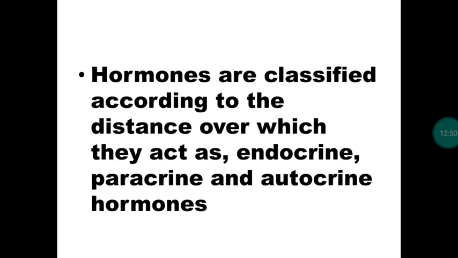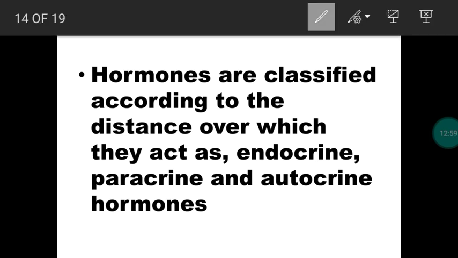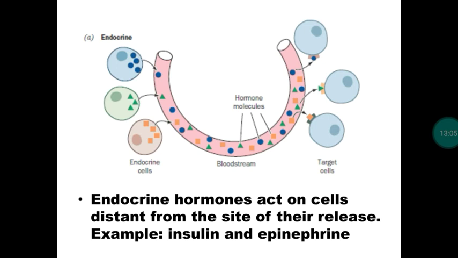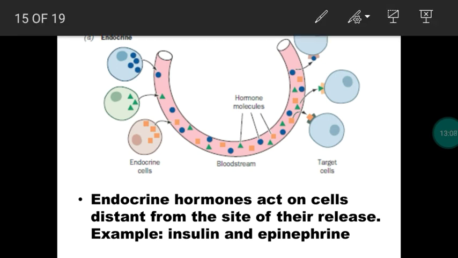One more classification is based on the distance between the hormone and the target cell. Okay. So based on the distance, there are 3 types of hormones: endocrine, paracrine as well as autocrine. First, endocrine hormones. We consider a bloodstream. So in the bloodstream, we have hormones, right?